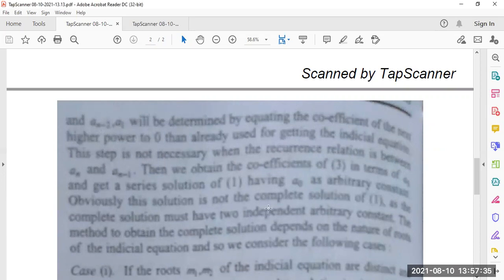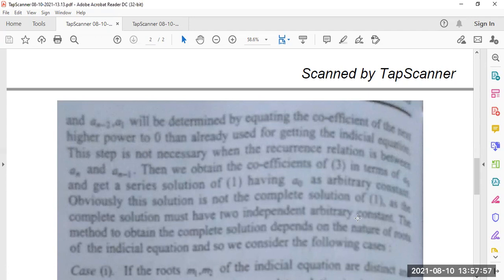Obviously, this solution is not the complete solution of 1, as the complete solution must have two independent arbitrary constants. Why two independent arbitrary constants? Because the original given differential equation was second order.